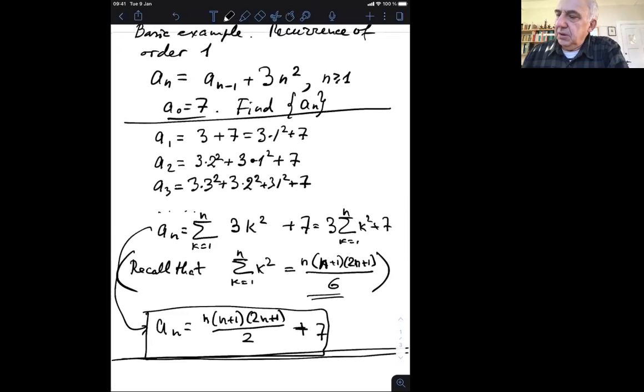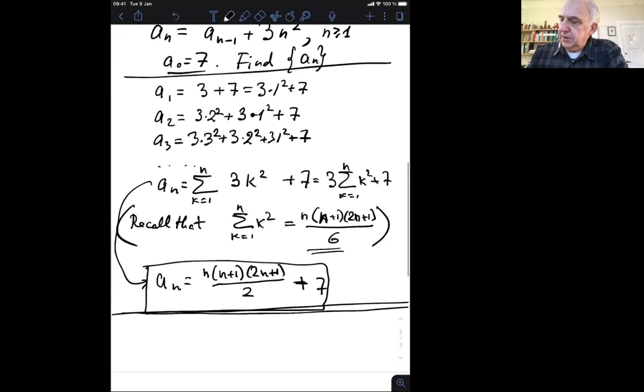But in general, things do not work that easily. Let me nevertheless describe a certain situation where we can guess the general formula.